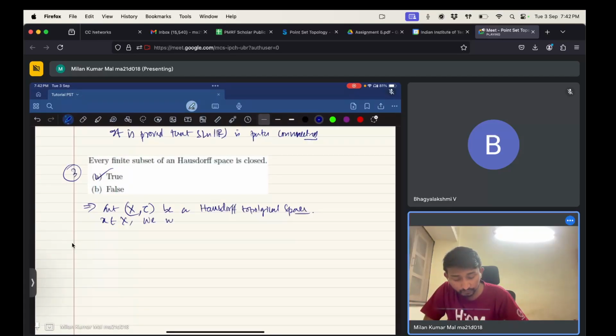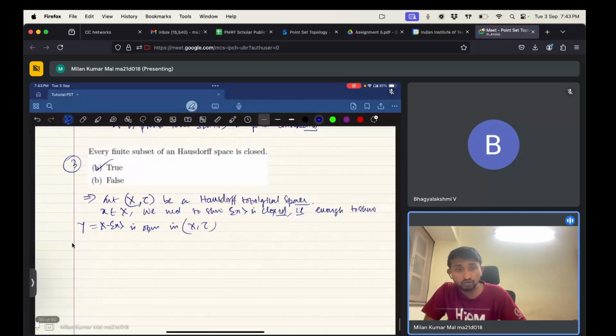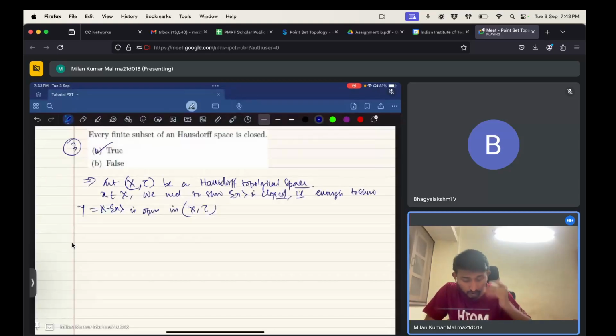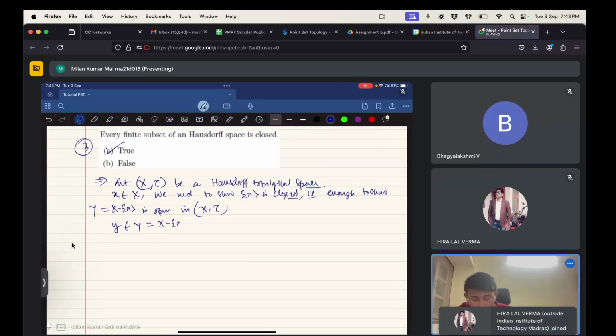We need to show that {x} is closed. That means it is enough to show that X minus {x}, let's call it Y, is open in the topology of X. So let's take y, a point in capital Y. Then y is in X minus {x}, so x is not equal to y.